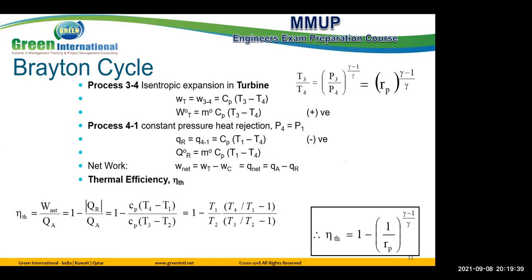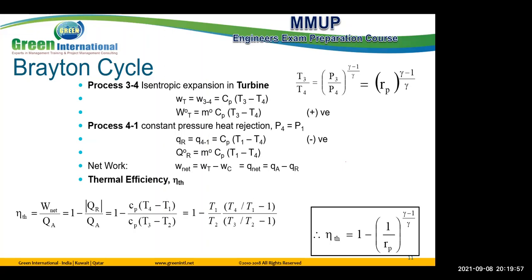So at the end, efficiency, as per the general equation, is work net, or work turbine, divided by Q added. But actually, we can't use work turbine only here. Why?